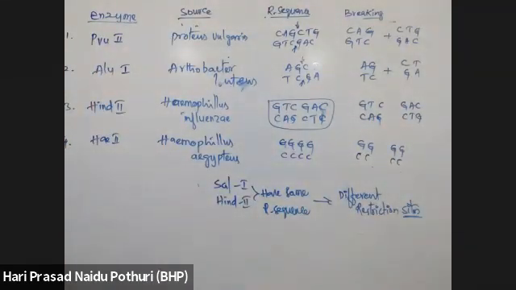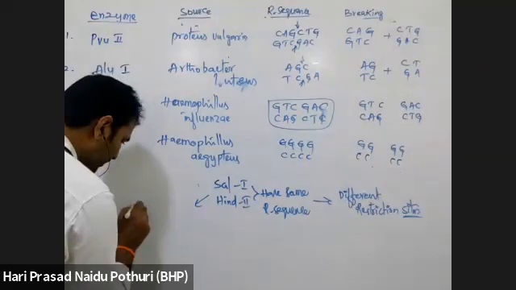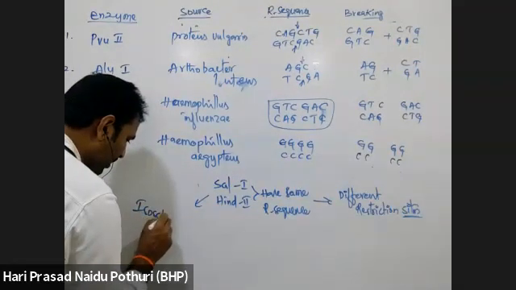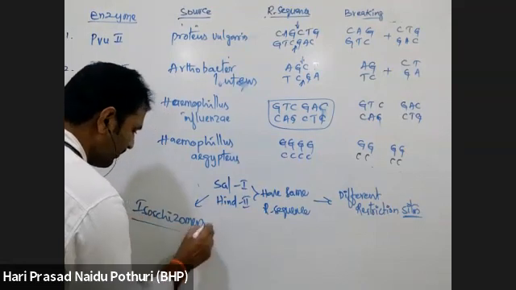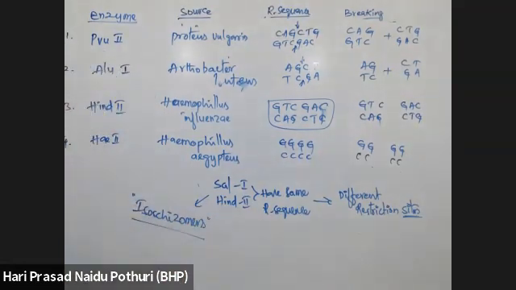That type of enzymes which have same restriction sequence but different restriction sites, they are called isoschizomers. Isoschizomers are a pair of restriction enzymes which have same restriction sequence but different restriction sites. Both are acting on same sequence.